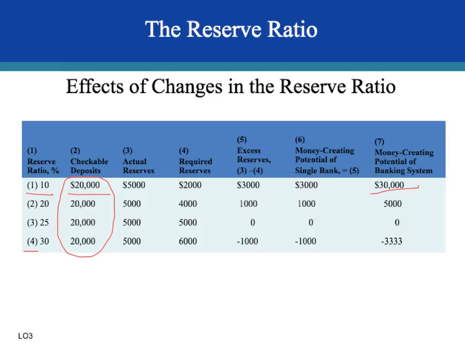So if the reserve ratio is increased to 30%, then the money creating potential of the banking system is actually negative over here. So we can see the effect of changes in the reserve ratio. Lower reserve ratios increase the money supply, higher reserve ratios decrease the money supply.